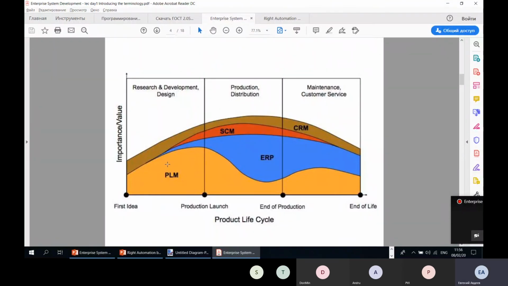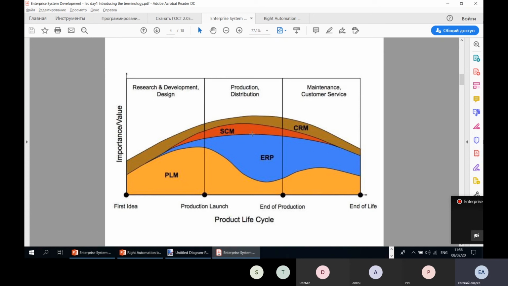This is one of the enterprise systems. The term PLM was first made by Siemens company. And usually the companies which use this bunch of systems are production companies.